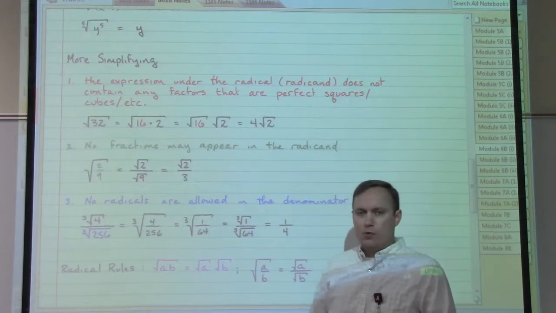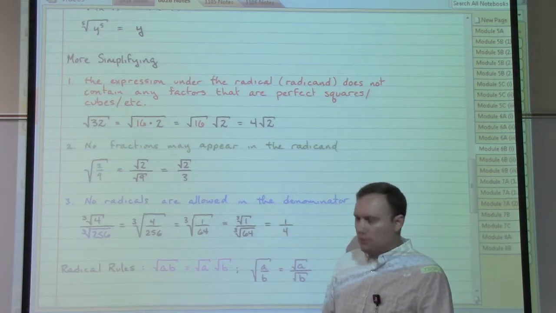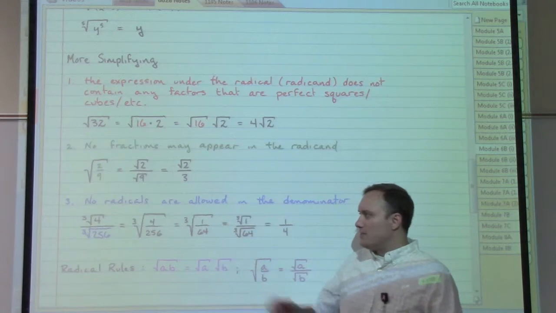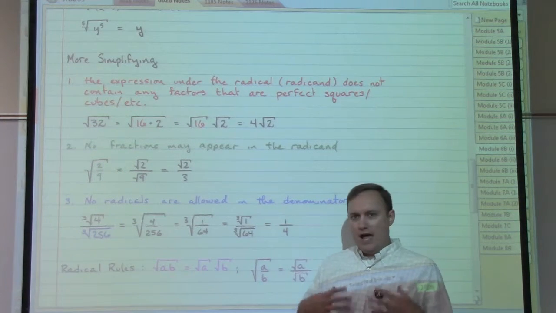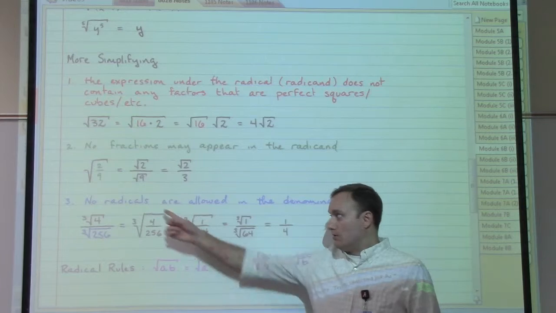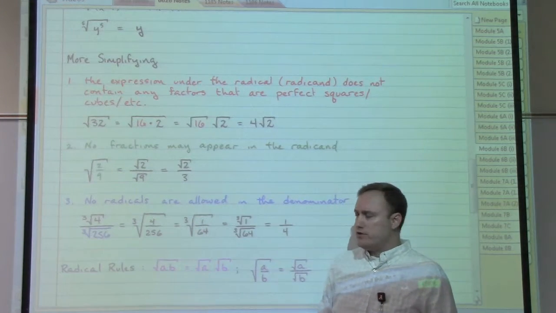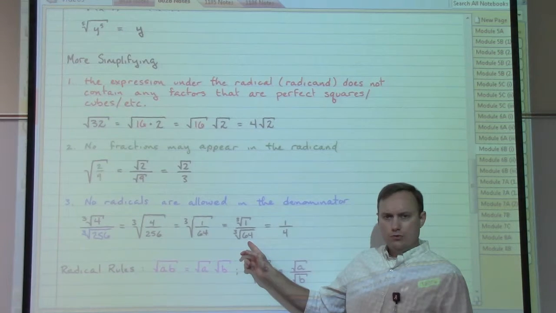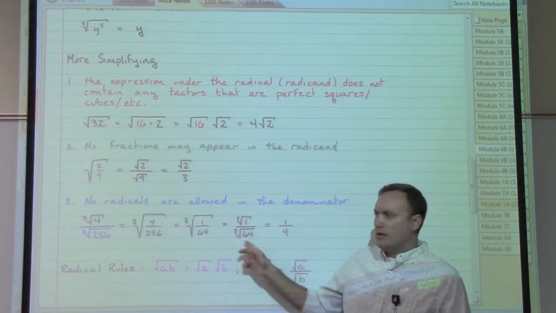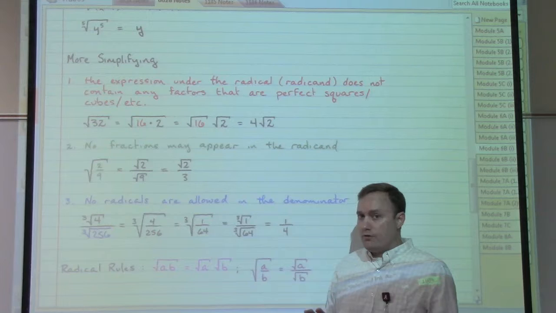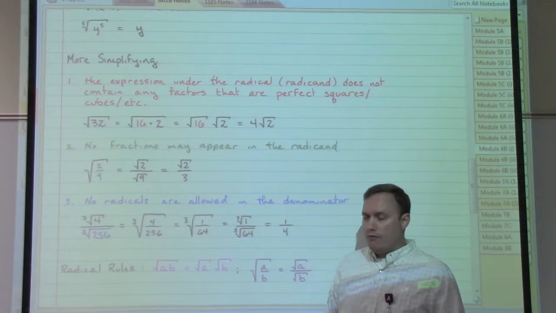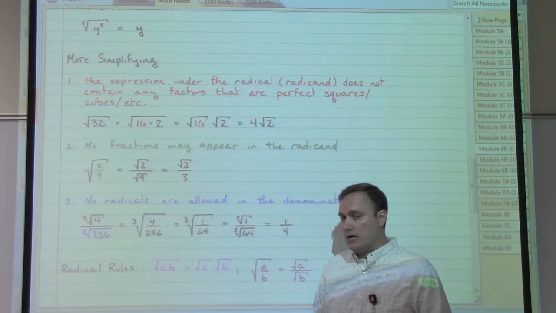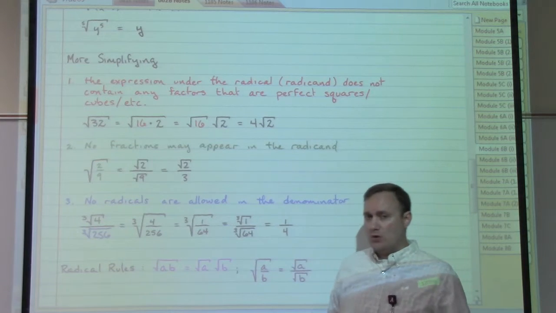And we can also be a little bit more relaxed in the future, but not right now, about this third rule, where if we have any sort of roots or radicals, again, interchangeable, we don't want those radicals, those roots, to be in the denominator. So any sort of roots that show up, we're going to need a way of working with them if they're in the denominator. We're going to need a way of being able to get rid of them.